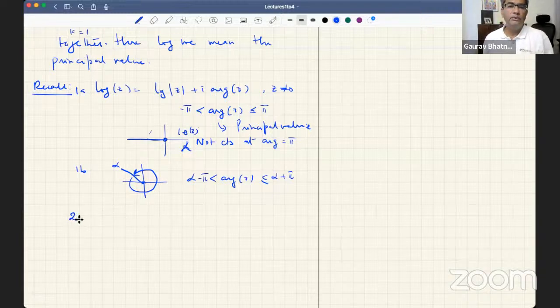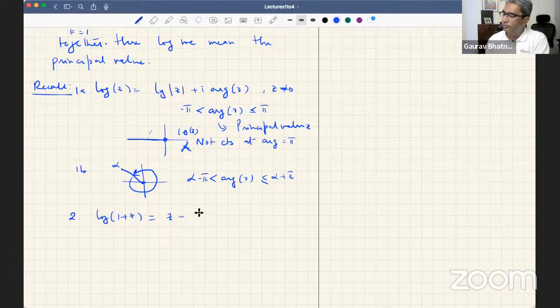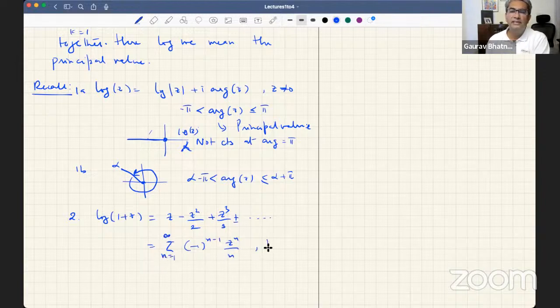The other thing I want to remind you is the power series for log z for the principal value, which is something like the sum of (-1)^(n-1) (z-1)^n over n, n going from 1 to infinity. And this is valid for absolute value of z minus 1 less than 1.